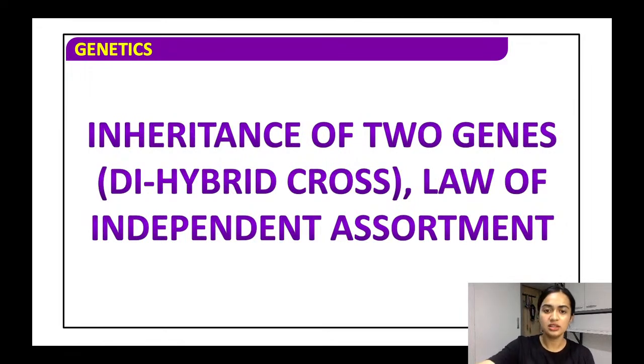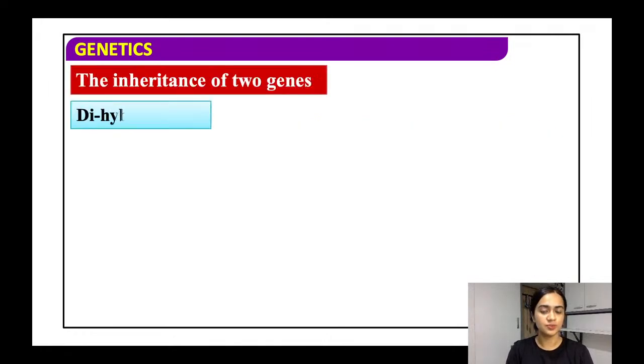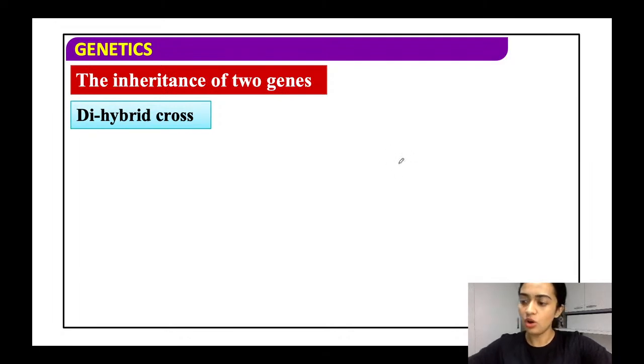So now let us see what the dihybrid cross and the law of independent assortment are. We have studied two laws up till now, the law of dominance and the law of segregation. Once we see what a dihybrid cross is, we will come to know about the third law, the law of independent assortment.